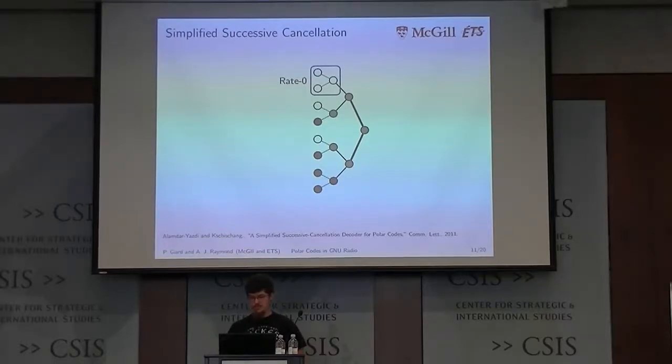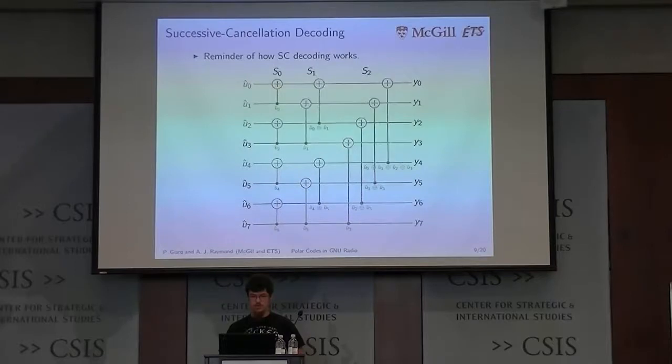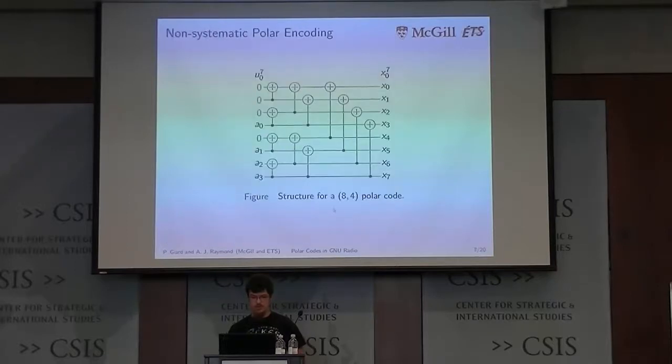Everything in there is 0, and so when we did the encoding, you can look up there, those two guys, 0 or 0 is always 0. So we know that the output on those two wires is always going to be 0. We don't need to try to estimate them.